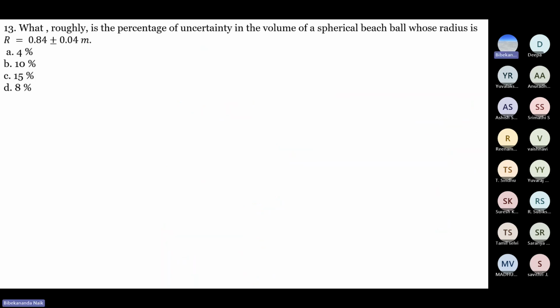Now the last question of today's session. It says: what roughly is the percentage uncertainty in the volume of a spherical beach ball whose radius is r equals 0.84 plus minus 0.04 meter?